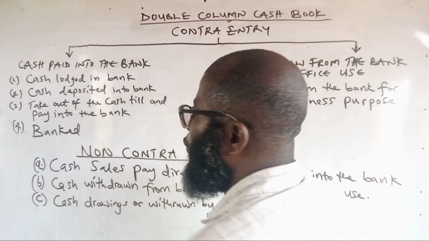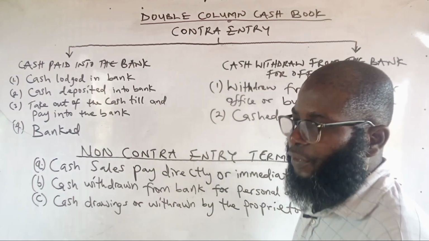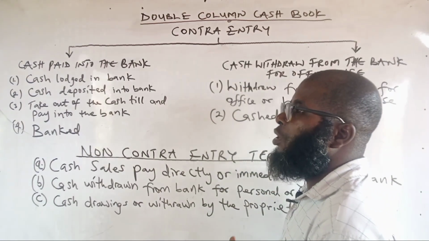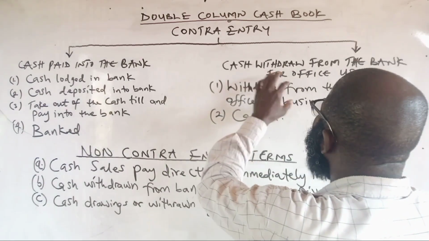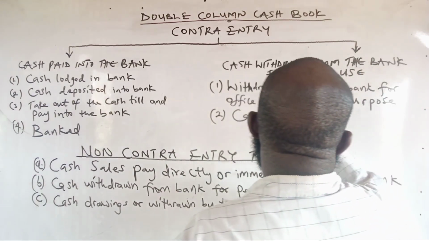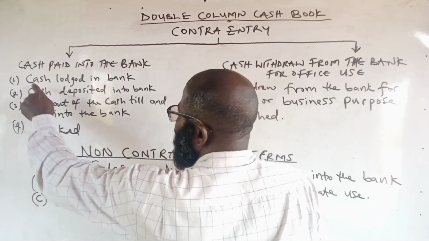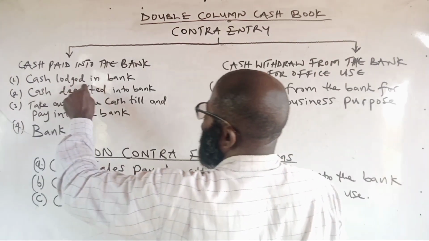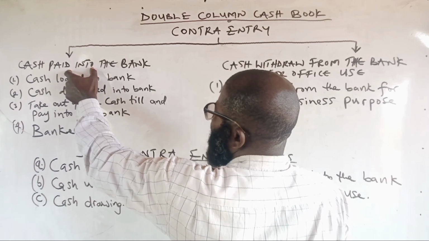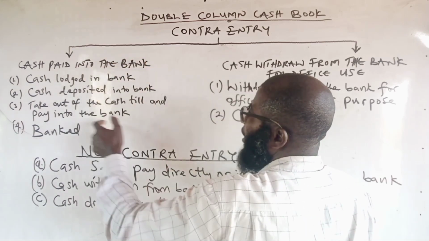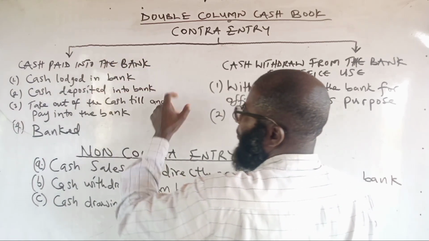The next thing is to explain some terms that are used to denote cash paid into the bank, and likewise cash withdrawn from the bank for office use. Anytime you come across "cash lodged in bank", they are referring to cash paid into the bank. The same thing: cash deposited into the bank.